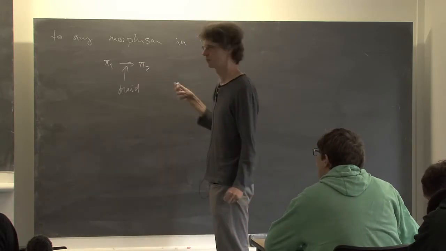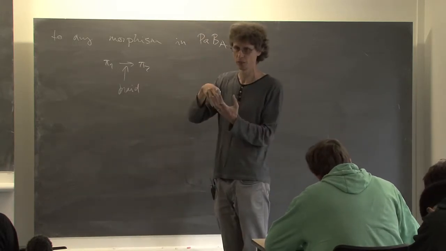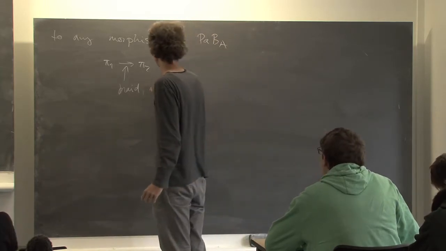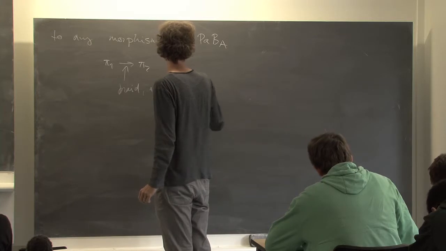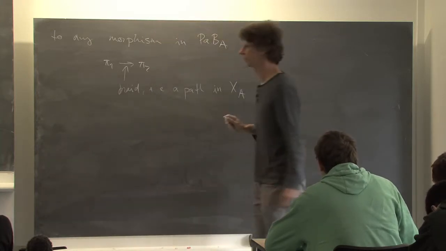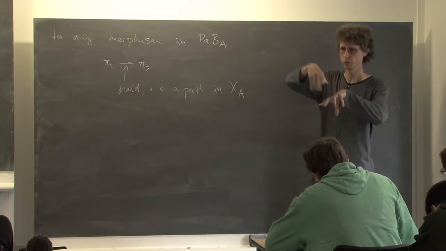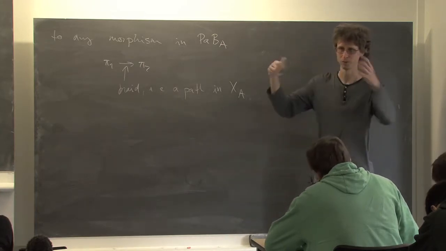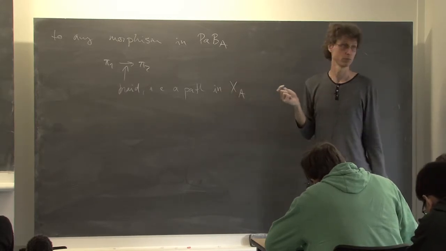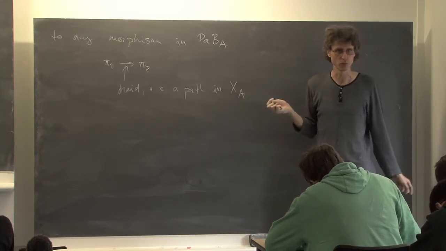So what do we do? The braid is a path in XA. We know where to start with that braid, we know where to end it, and then we do our braiding thingy. So we have a path in XA, we have our connection, we can compute the holonomy.